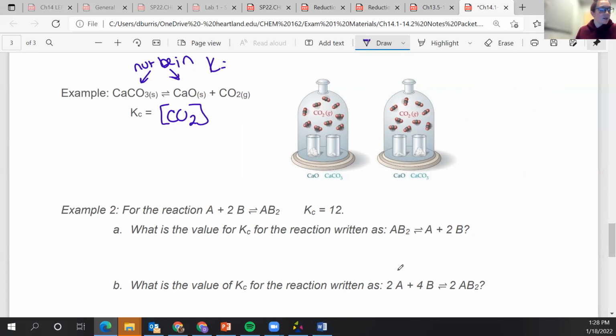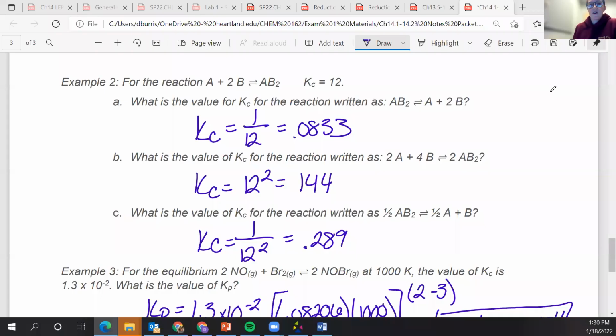So now that we've talked about all of that, we've got examples 2, 3, and 4 here. I want you to try these and then check back to check your answers. So pause. Okay, so I'm going to walk through these really quick, so check your answers. A should have been the inverse because it's the reverse reaction, 0.0833. B should have been squared because the reaction was doubled, so 144.